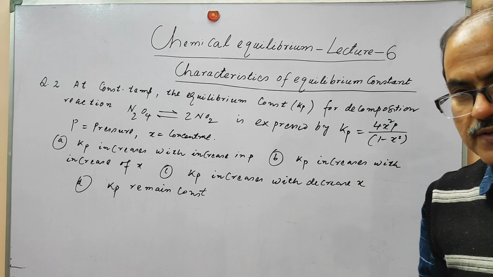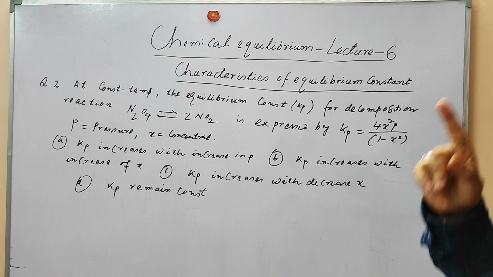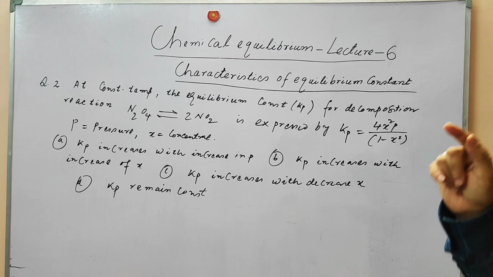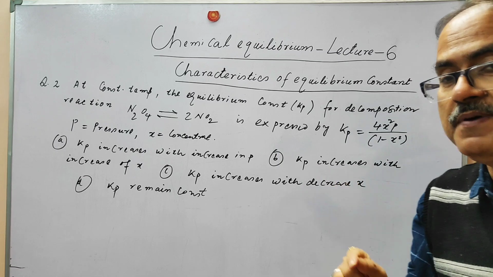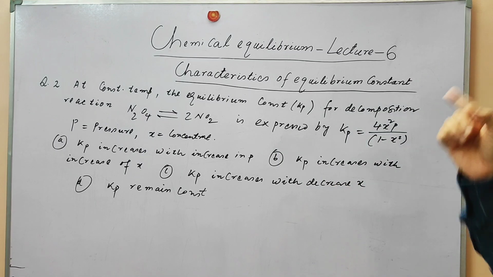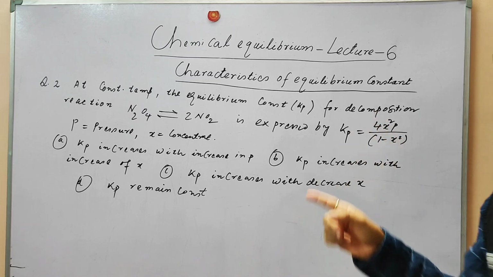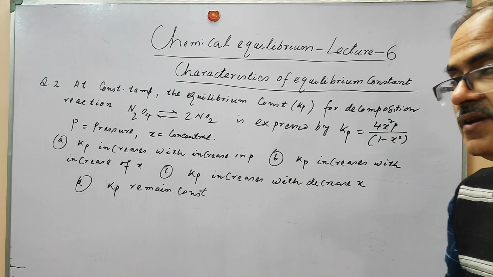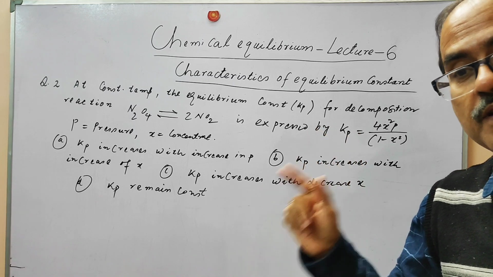You can understand this when you see the third characteristic, that the equilibrium constant is temperature dependent. In the second characteristic, it does not depend on the initial concentration, so it also does not depend on the pressure.